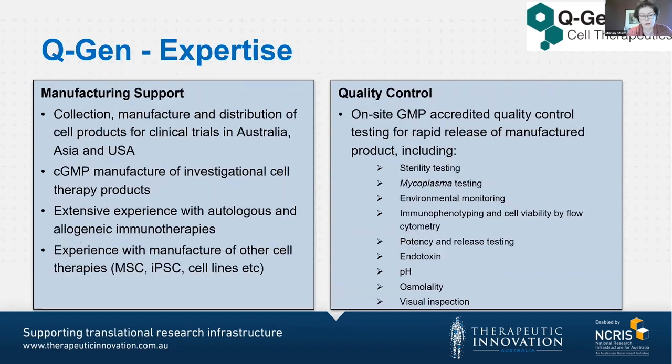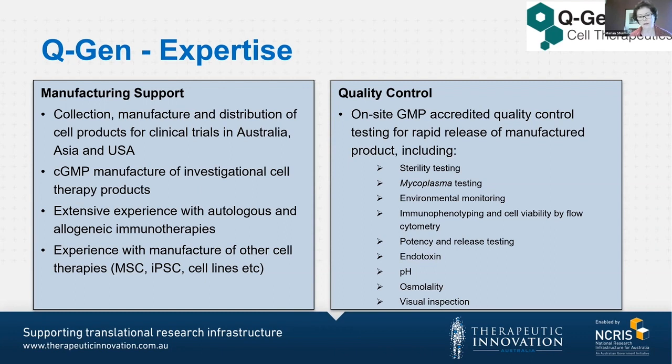QGen's activities cover the spectrum from product development, from collection of starting material through manufacture to distribution of products for clinical trial evaluation. Their experience goes beyond adoptive T-cell manufacture and also covers the manufacture of mesenchymal stromal cells, iPS cells, cell lines, and other types of things.